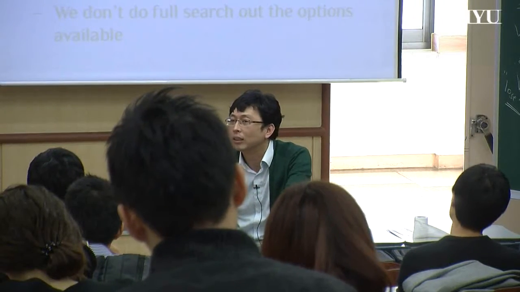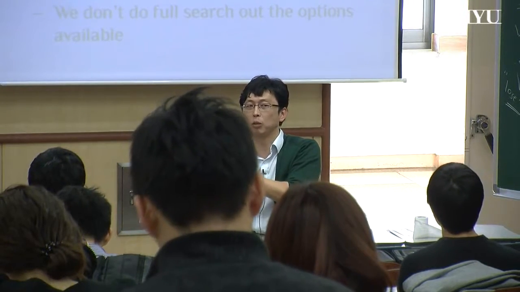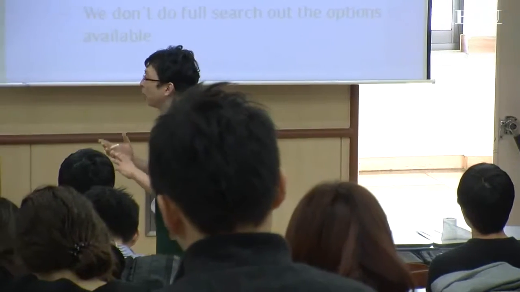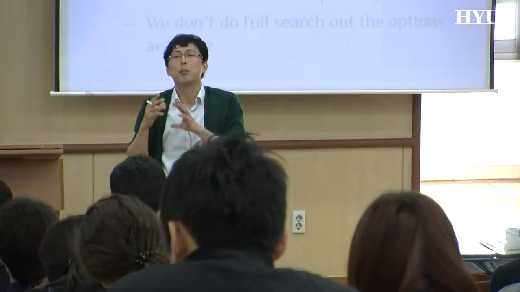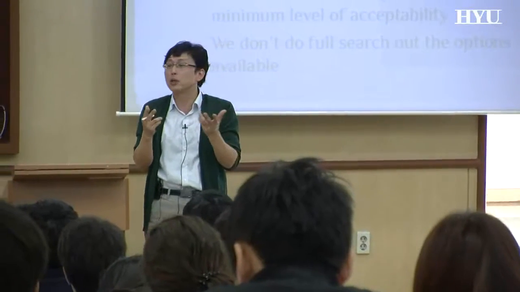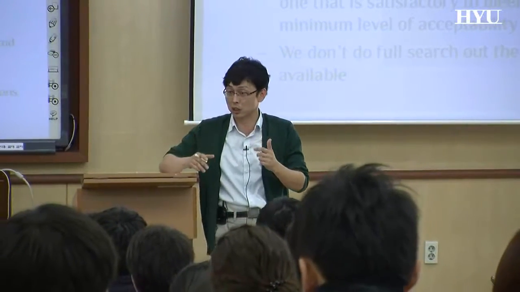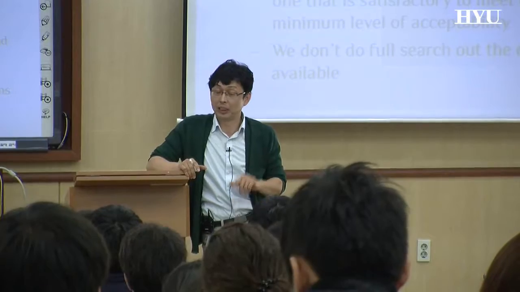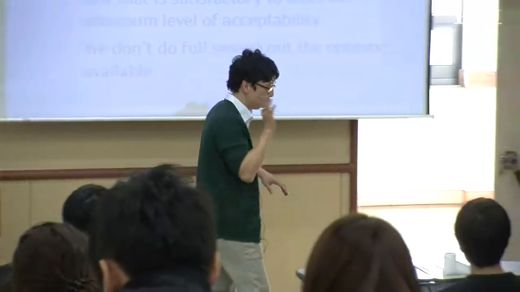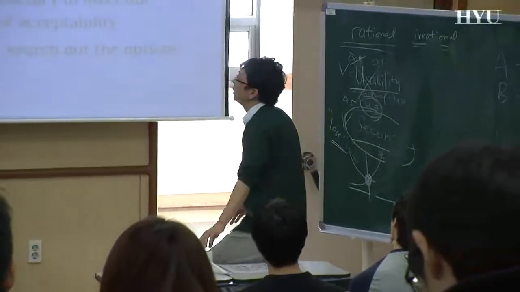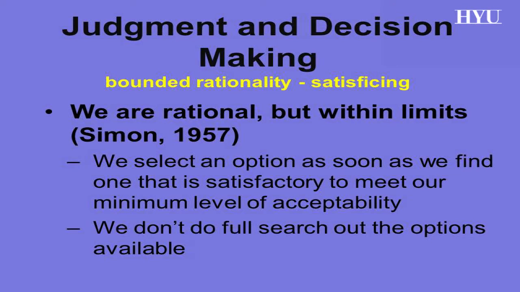That's why I'm trying to explain why human decision making is irrational, because of our quick decision making. That is heuristic. In terms of probability, we should choose company A, but we decide on B because we want a very quick decision. So Simon said in 1957, we select an option as soon as we find one that is not optimal, just at a satisfactory level.